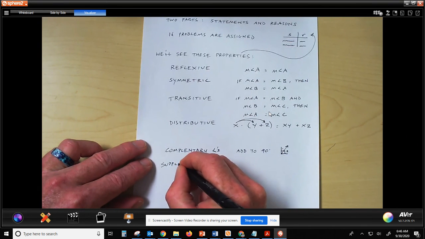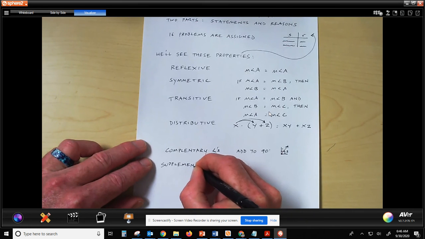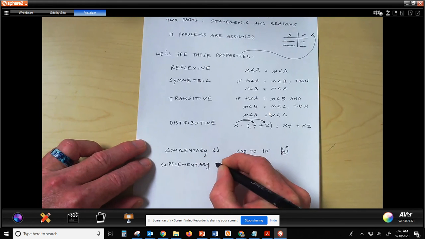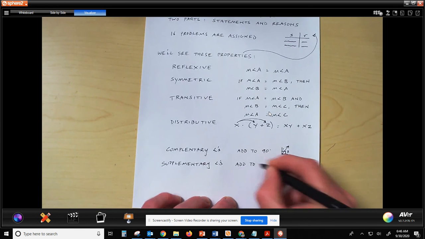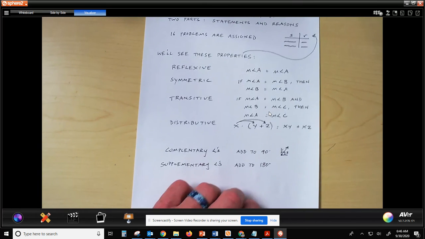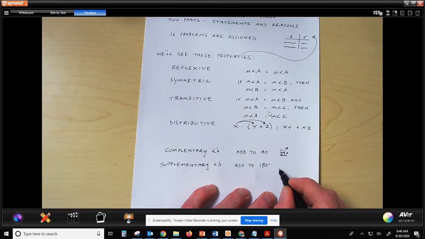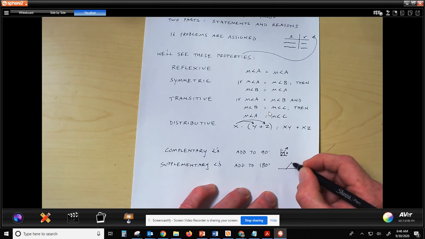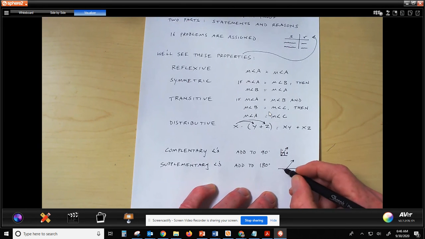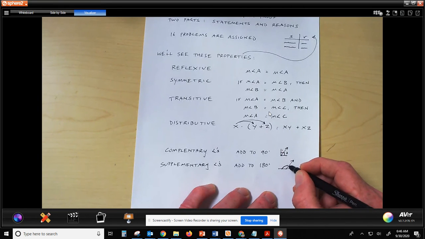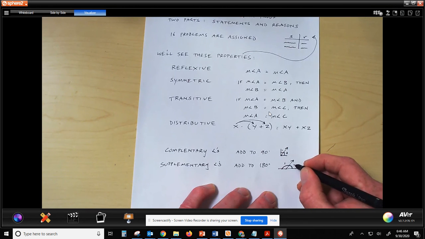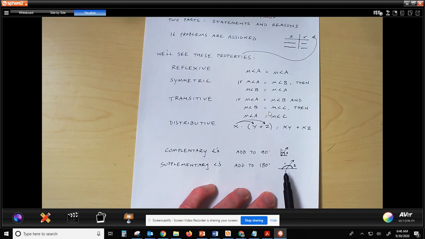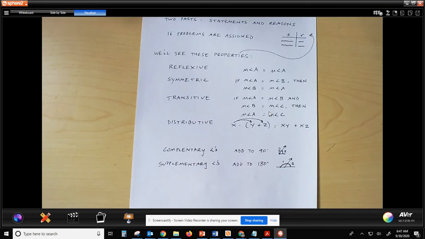Supplementary angles add to 180 degrees. And a picture that makes sense to go with here is a straight line, a ray, and these two angles shown there, angle 1 and angle 2. They will sum to 180 degrees.